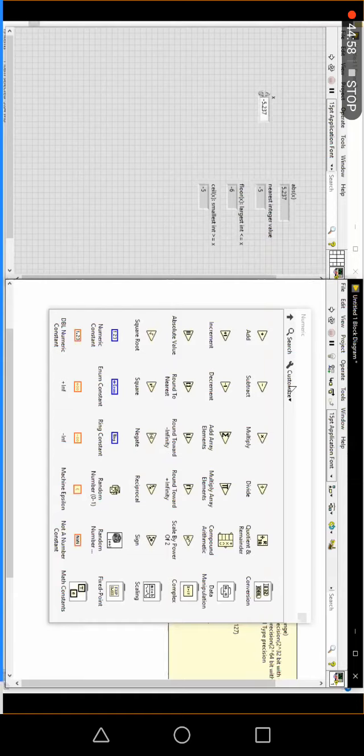You cannot add more variables there. To add more variables, we go for the formula node. The formula node is available on the mathematics palette. Right click, mathematics. In mathematics you have script and formula, and there the formula node is available.